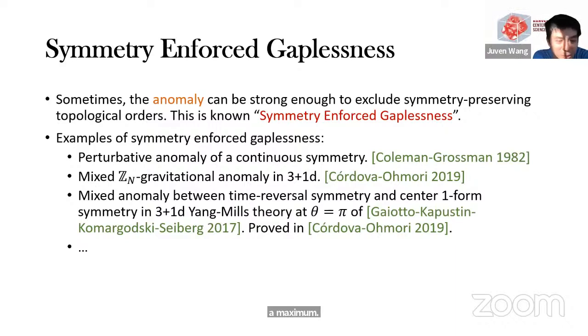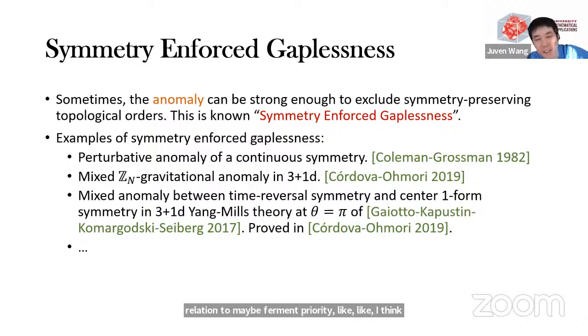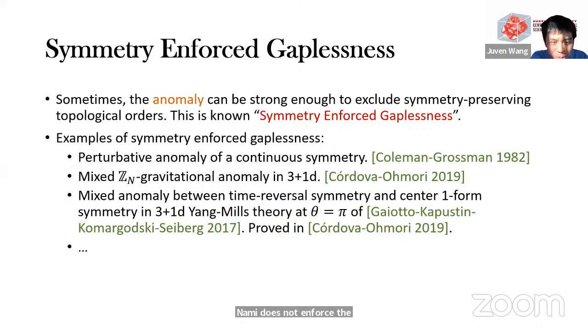Yes, but how precisely is the ZN related to, maybe, fermion parity? I think certain mixed ZN gravitational anomalies do not enforce gaplessness, in the sense that you can also have a symmetric TQFT, right? I'm just trying to clarify, in a few sentences, which type of ZN gravitational anomaly enforces gaplessness.